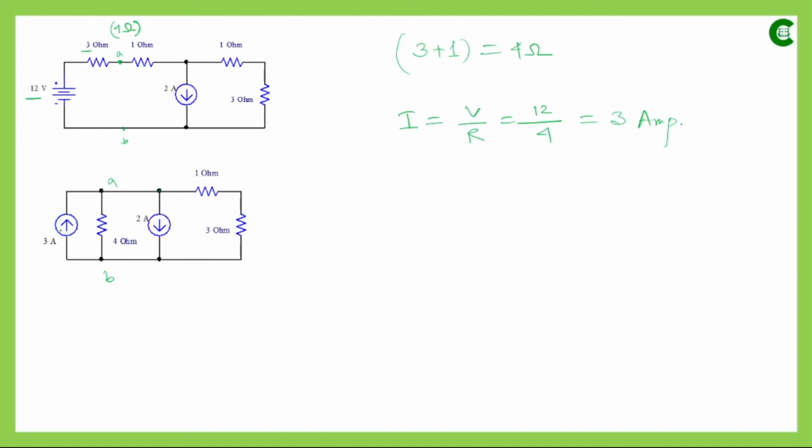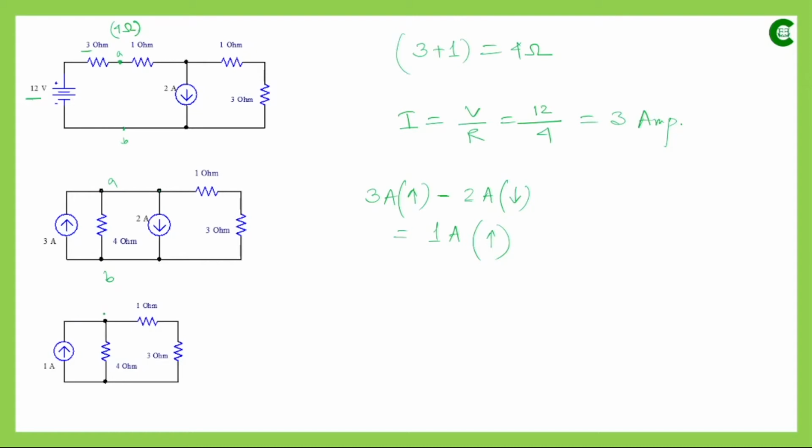This current source is supplying current in the upward direction, with a value of 3 ampere, coming towards point A, and this current source is supplying current in the downward direction with a value of 2 ampere, as if coming from A. So the net value of these two current sources will be 3 ampere upward and 2 ampere downward. The net current will be 3 minus 2, so it will be 1 ampere, in the upward direction.